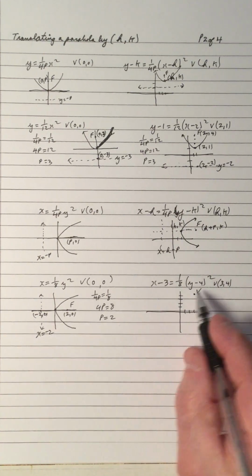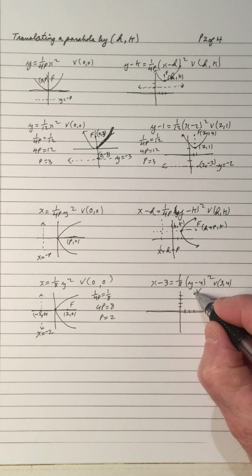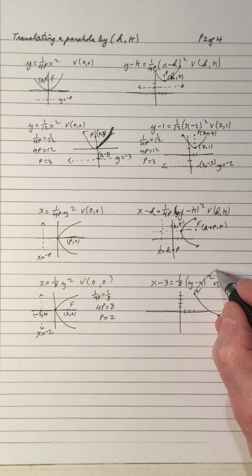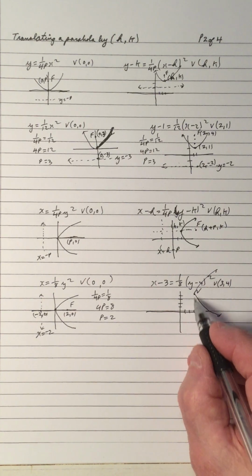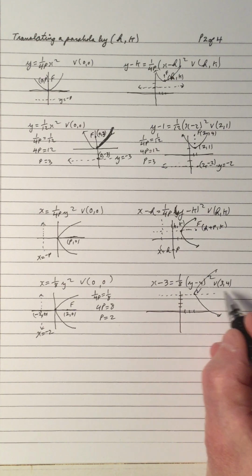Because it's x equals y squared and positive, the parabola is opening to the right. It's the same parabola as this one, only shifted 3 to the right, 4 up. The axis of symmetry is right here.